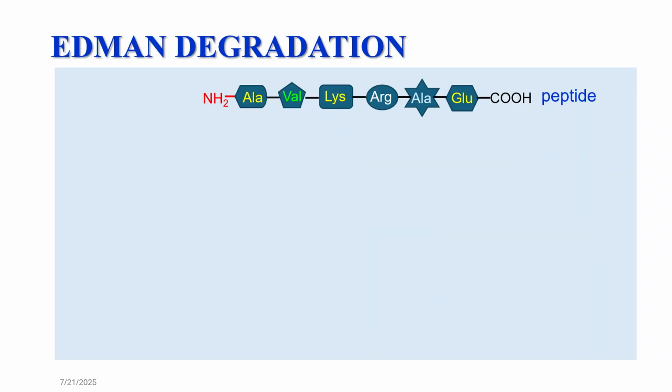Now coming to the Edman degradation sequencing method, let us say you want to sequence this oligopeptide having 6 amino acid residues, the first being alanine. There are three basic steps in this sequencing method. The first one is labeling of the N-terminal amino acid with Edman reagent, which is PITC or phenyl isothiocyanate.